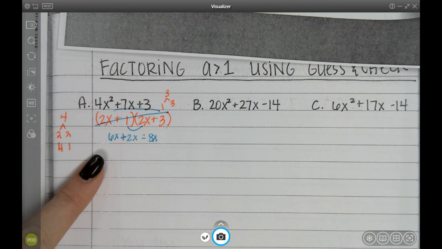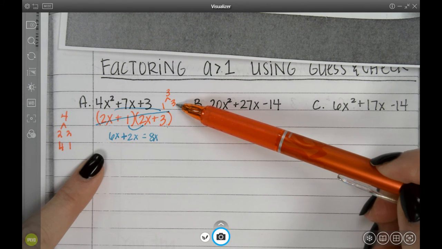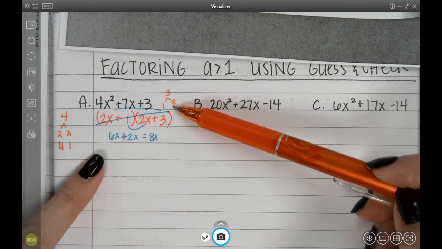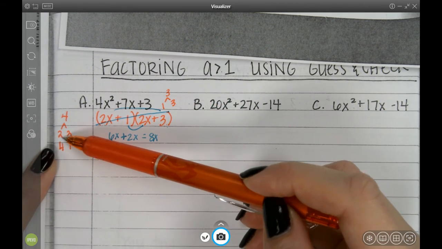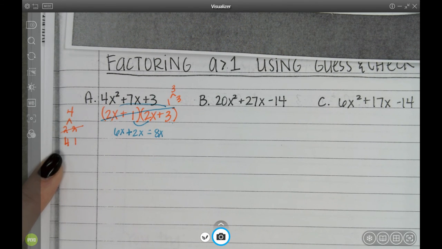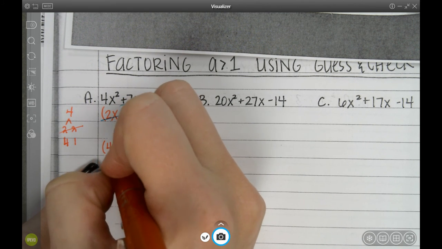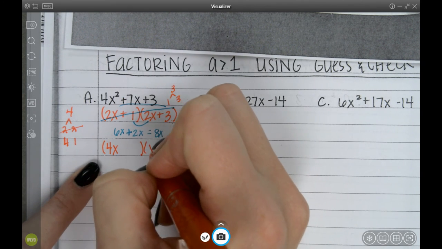So we're going to try again. Okay, we're going to guess again, but we're going to guess smart, right? 1 and 3 are my only options to get 3. I tried 2 and 2, and that did not work. So now I'm going to try 4 and 1. So I'm going to have 4x and 1x.